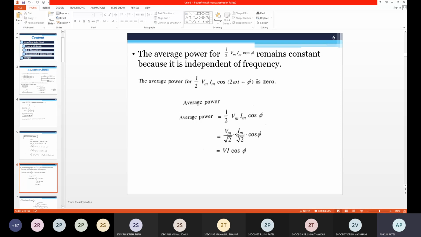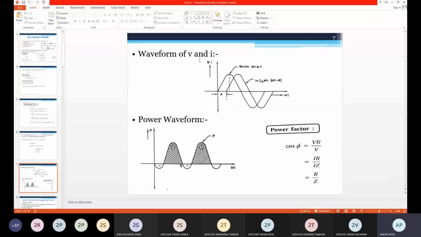You need to draw the waveform for this voltage, current and power. This is the waveform of voltage and current. Voltage is the reference quantity, V equal to Vm sin omega t, and I equal to Im sin omega t minus phi, as it lags the voltage. The power waveform is drawn by multiplication of these waveforms. The negative portion is always smaller compared to the positive portion, because it is not useful.